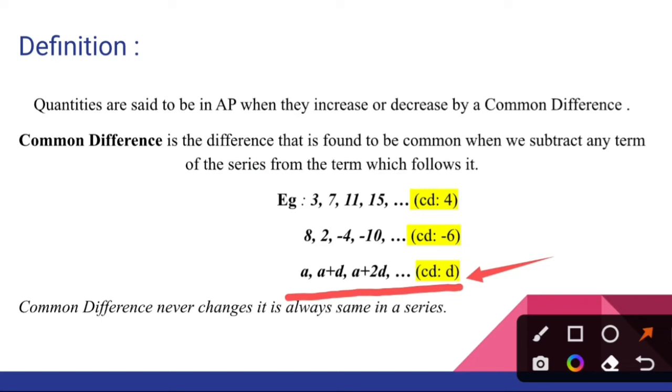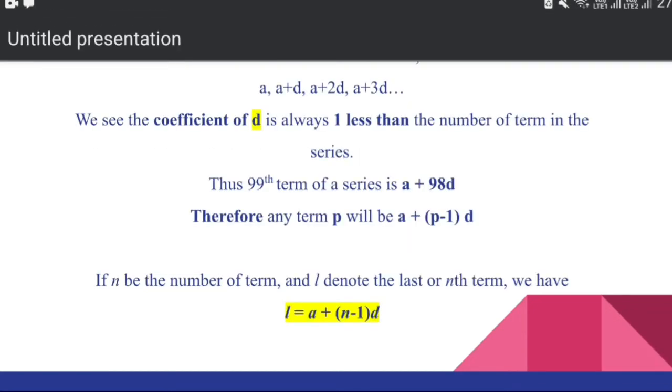There is no restriction on whether the common difference can be negative or not. Common difference needs to be the same for every term, that is the only point. It can be fractional, it can be irrational, it can even be a complex number, but common difference should always be the same. So this is how things work, and we will go to our next slide.